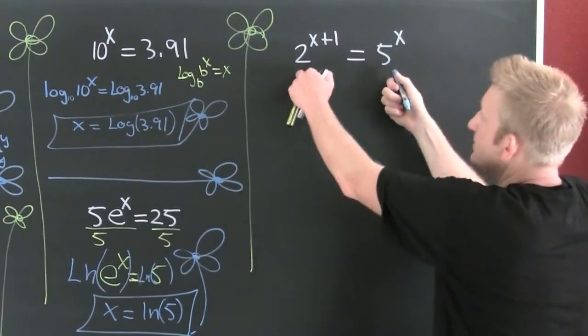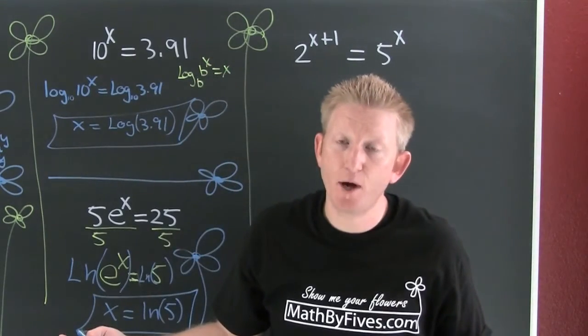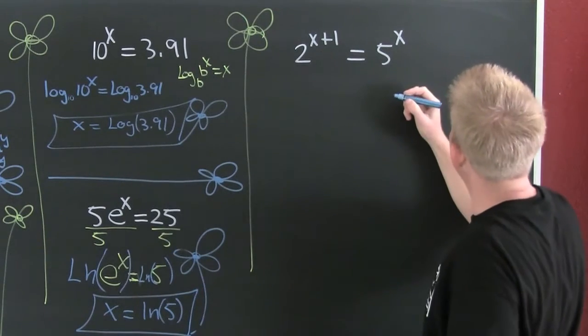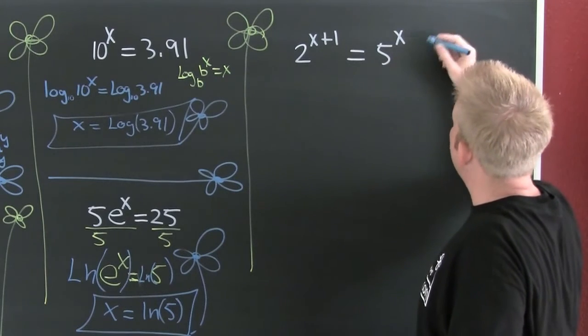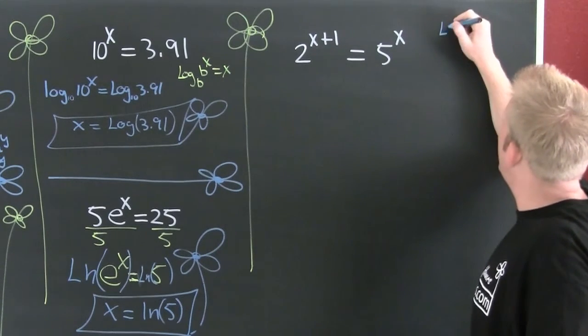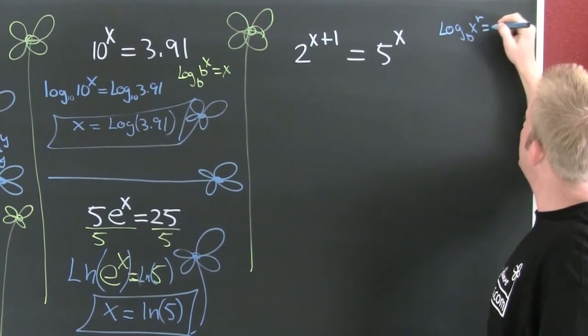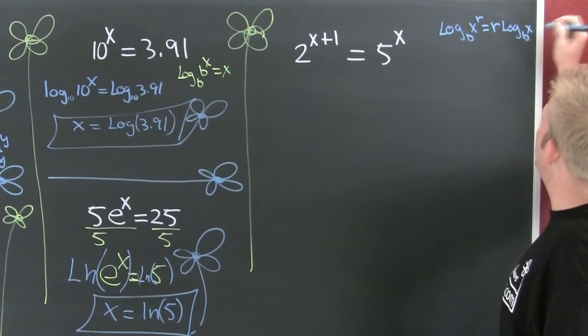I see I can't get them to the same base, so I need to use my logarithms. I need to use several different properties of these logarithms. Yes, I need to use the property that we used in the last one, and also this property, log base b of x to the r is equal to r log base b of x.